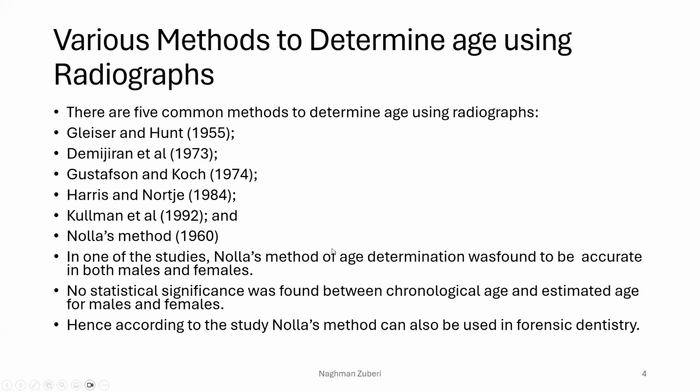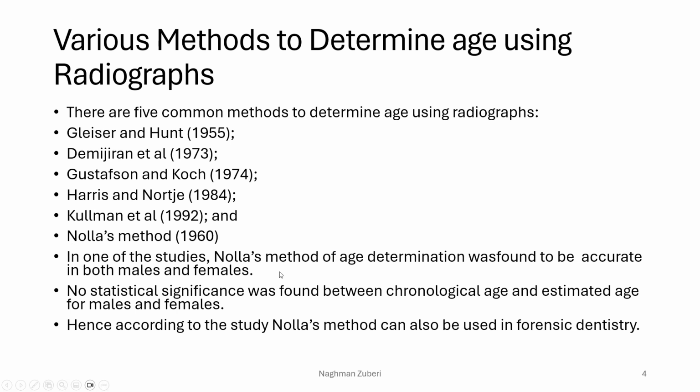Various methods of determining age using radiographs have been employed by various researchers and authors. Five common methods are Glaser and Hunt, Dimitrian et al., Gustafson and Koch, Harris and Nortje, Kuhlman et al., and Nolla's method.